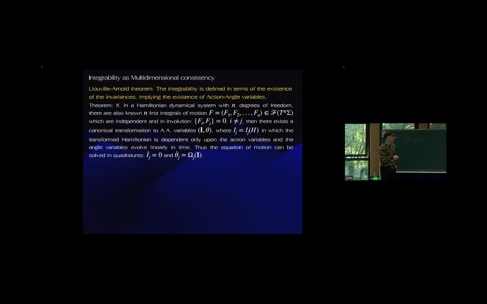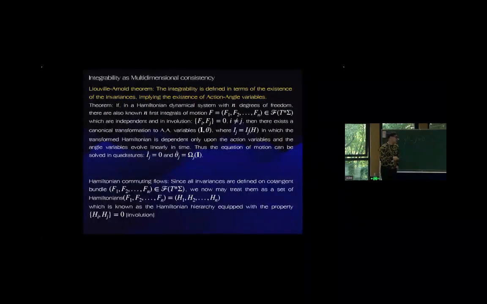The main feature in this context is what we call Hamiltonian commuting flows. Normally we treat this set of invariants as a set of Hamiltonians, and we know that this Hamiltonian hierarchy is equipped with this property, coming from being in involution.